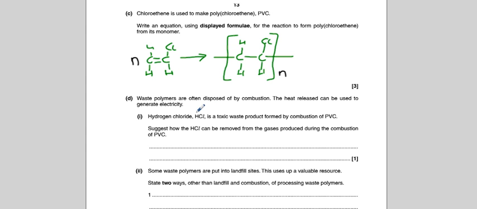Then it goes on to ask, disposal of polymers can be done by combustion. Problem with PVC is that you've got HCl. How can that HCl be removed?